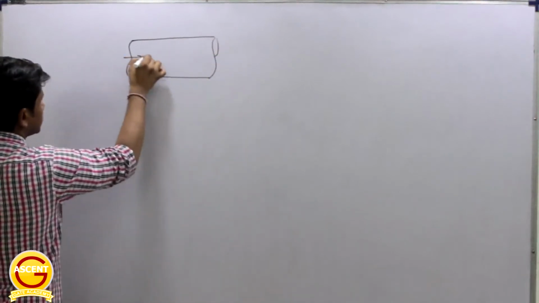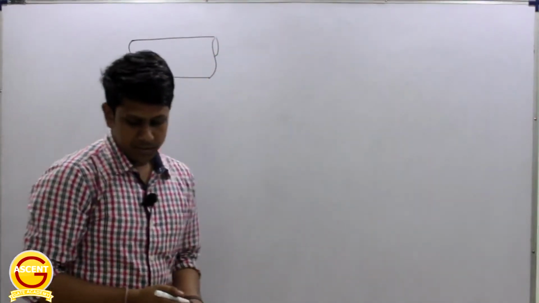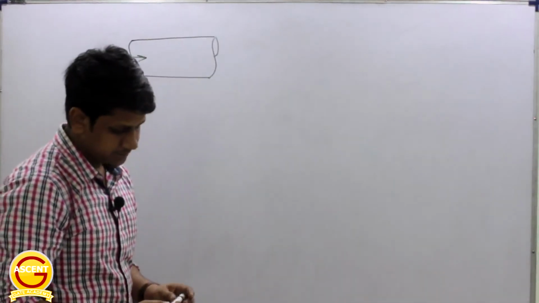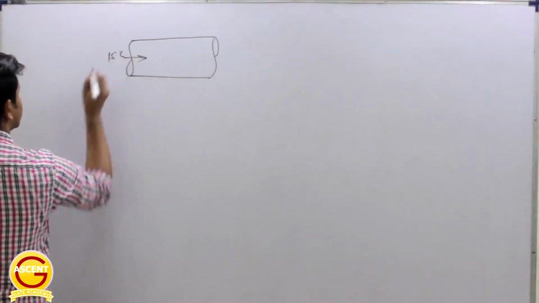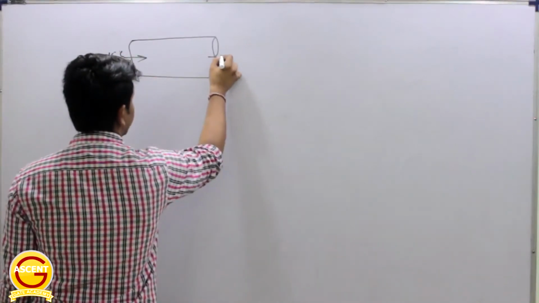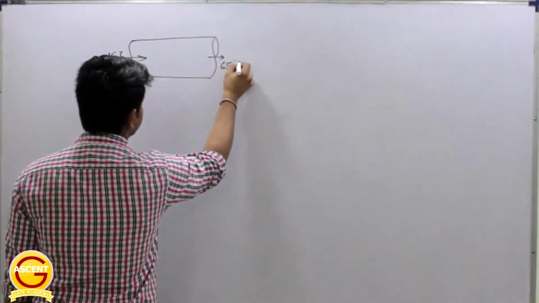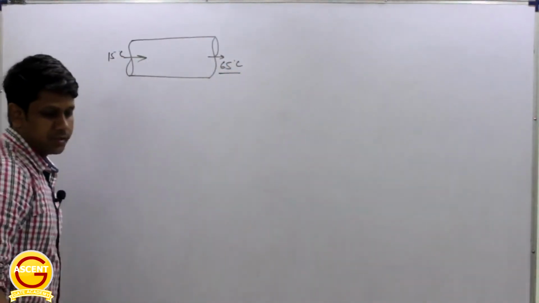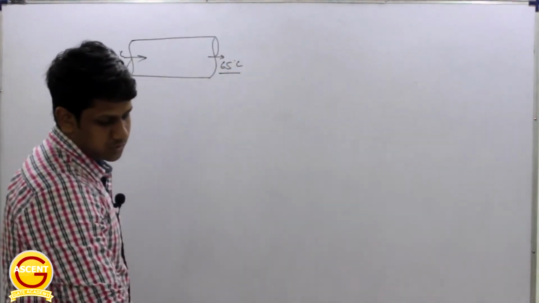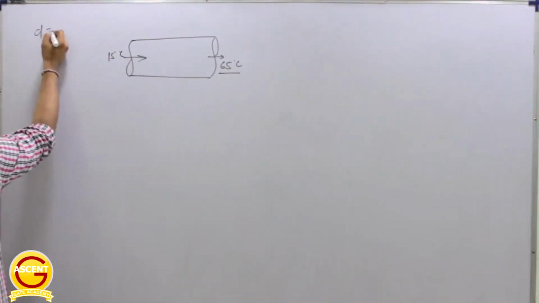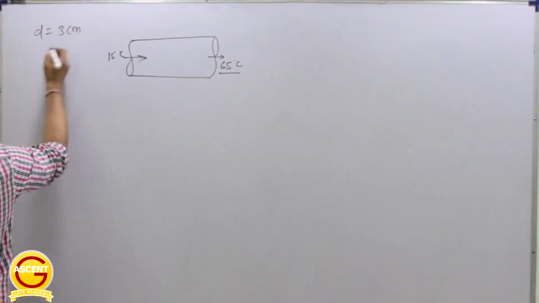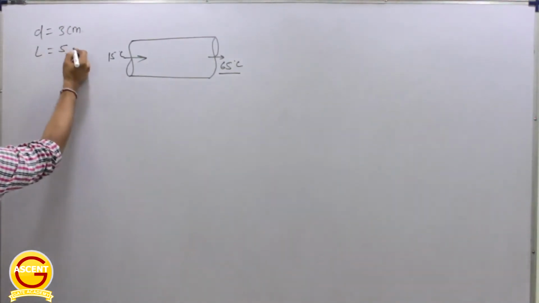So water enters at how much temperature? He has given that water enters at 15 degrees Celsius. So inlet temperature is 15 degrees Celsius and the exit temperature is 65 degrees Celsius, right? It flows through a 3 centimeter internal diameter. So the diameter of this pipe is given as 3 centimeter and length of this pipe is given as 5 meter.